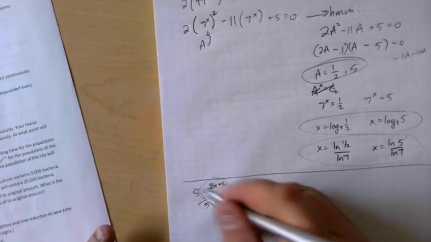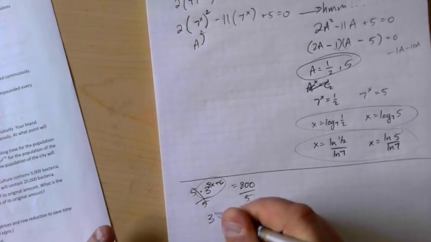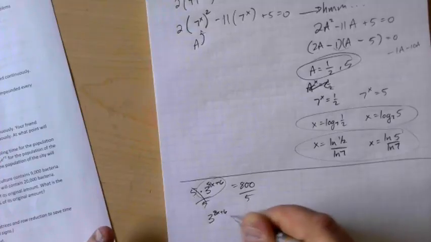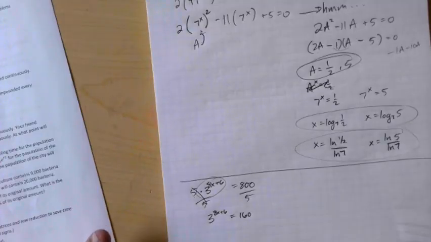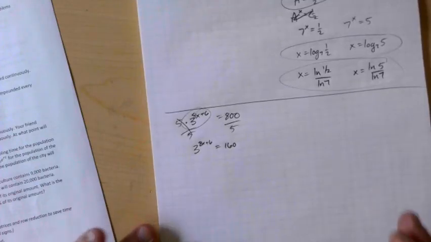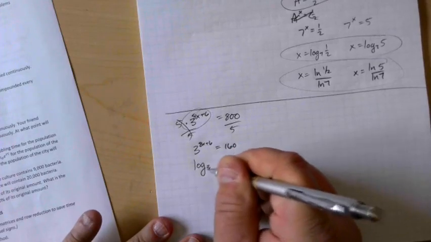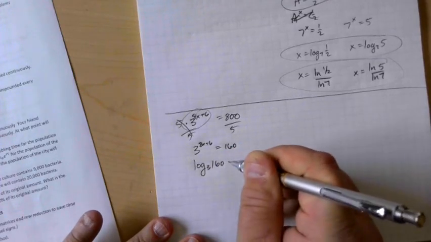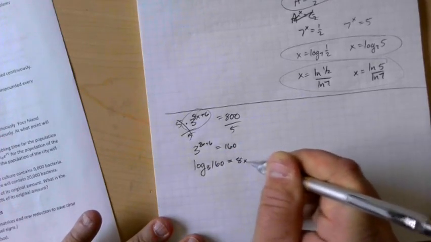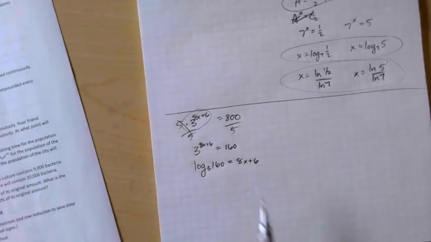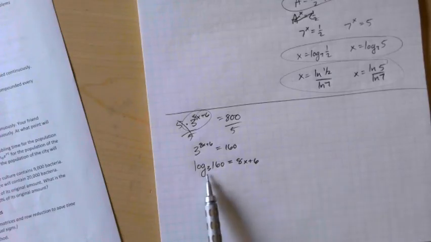So I've got 3 to the power of 8x plus 6 equals 160. Okay, now I can solve that. I'm going to rewrite that as a log. Log base 3 of 160 equals 8x plus 6. Now, guys, you have to realize that's a number.